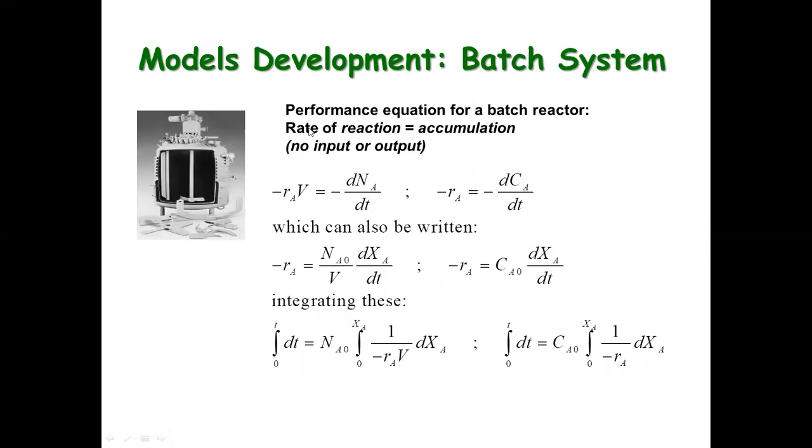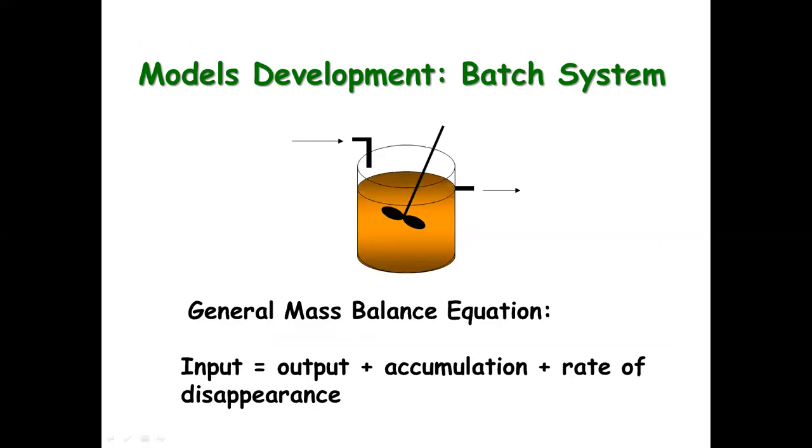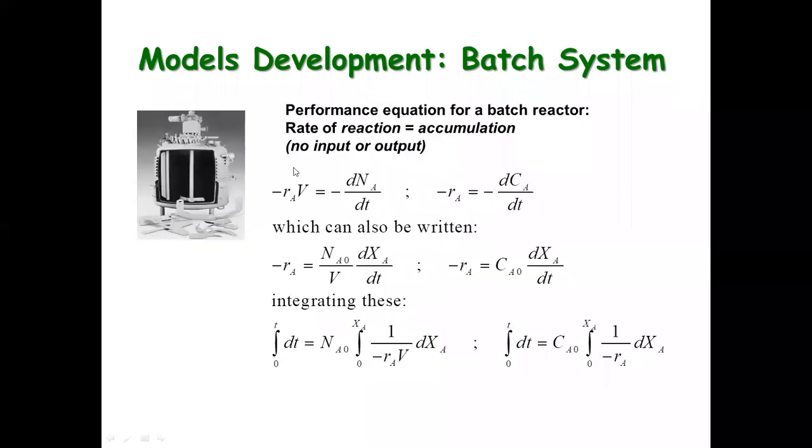the remaining part of the equation has four terms. So the remaining terms would be the rate of reaction and the accumulation. There is no input and output. I think that's very self-explanatory.